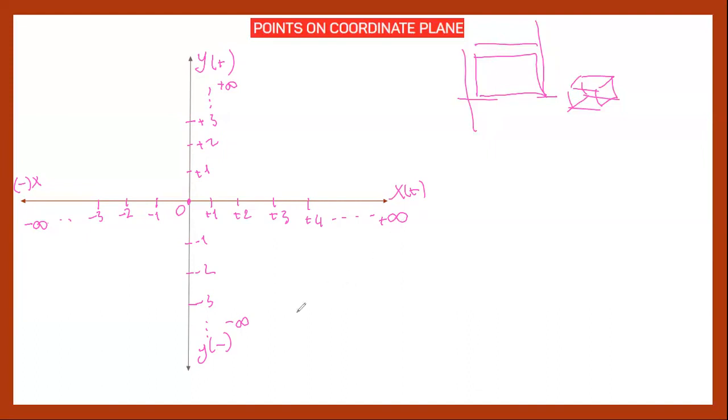Okay. Now, you should not forget for any point, the first number represents x-axis, second number represents y-axis. Every time, guys. So it means that whatever the first number is, you check on the x-axis, and then the right side number you check on the y-axis.